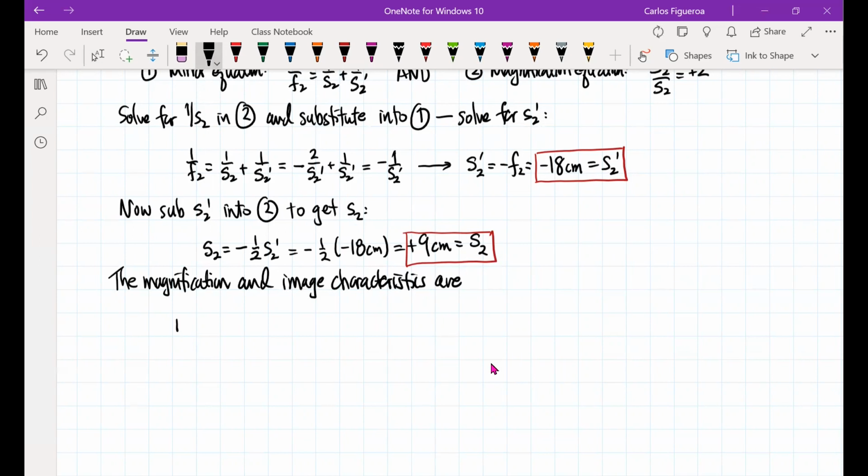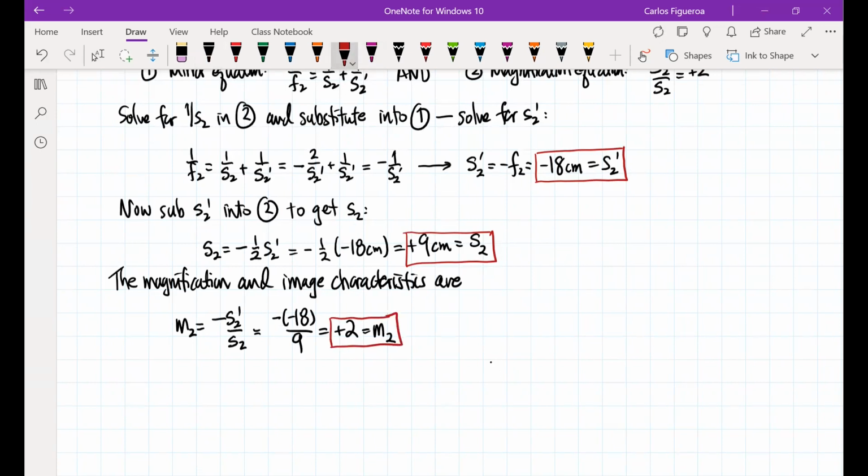I got M2 equals minus S2 prime over S2. So this will then be minus 18 divided by positive 9. That gives me positive 2. Again, we knew that already. That was already given. So this guy is M2.